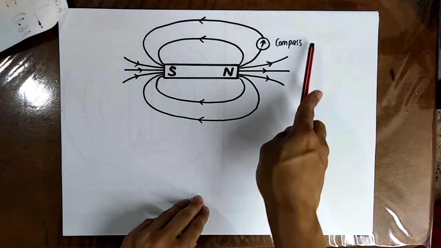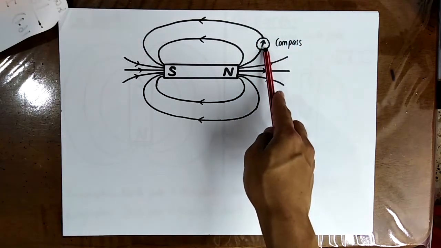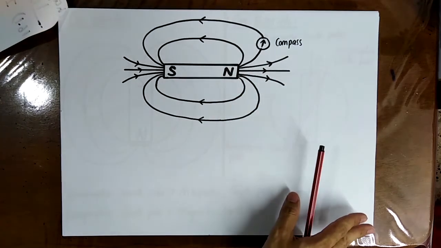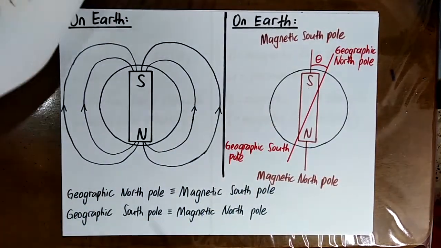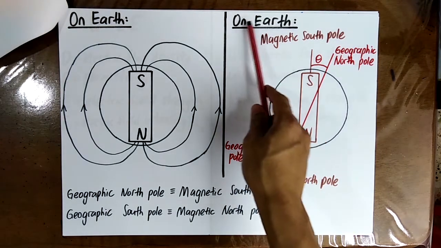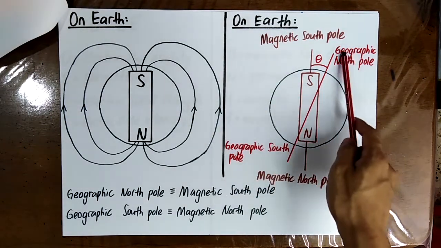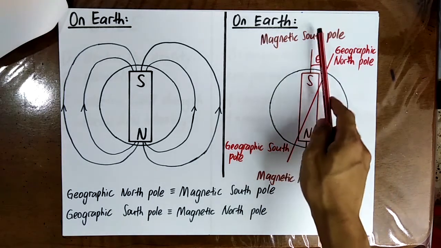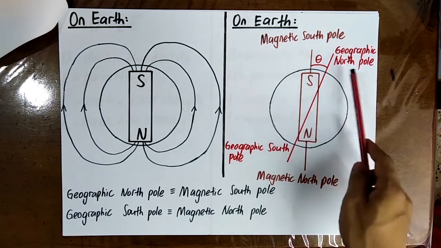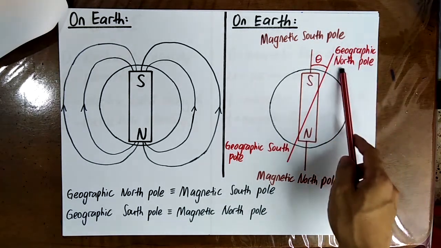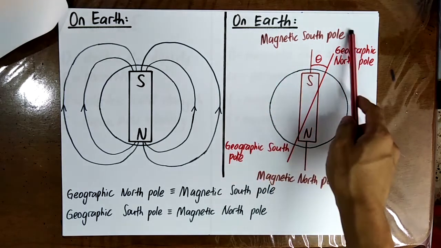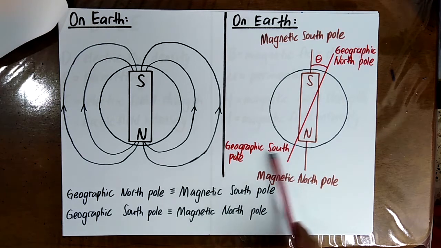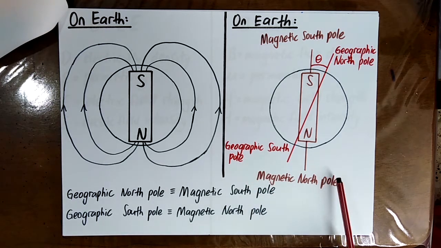But then we know that in a compass, the needle of the compass should point to the direction of north. Then what is going on? Actually, on the Earth, the geographic North Pole is actually equivalent to the magnetic South Pole. That means the geographic North Pole is very near to the magnetic South Pole, and the geographic South Pole is very near to the magnetic North Pole.